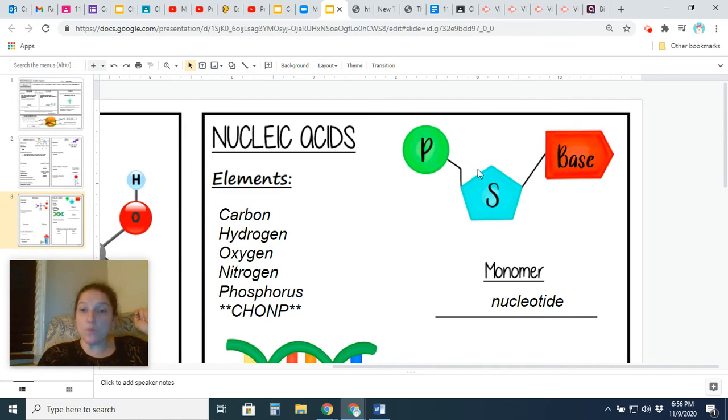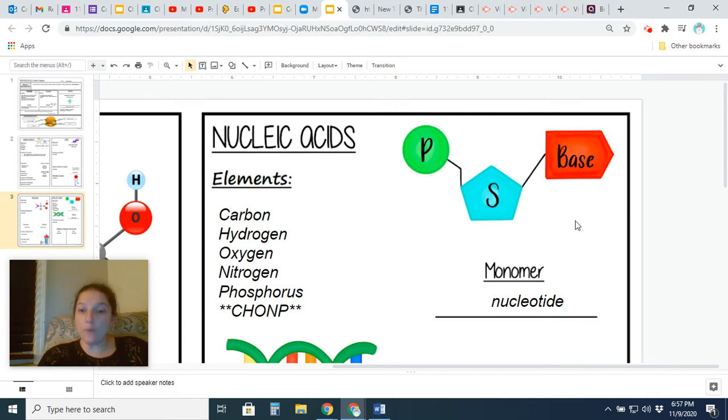The second portion is a pentose sugar, meaning a 5-carbon sugar. And then we have a base. Specifically, it is a nitrogen base, and that's where that nitrogen comes in. The rest of it, carbon, hydrogen, oxygen, is in there like all the other things.